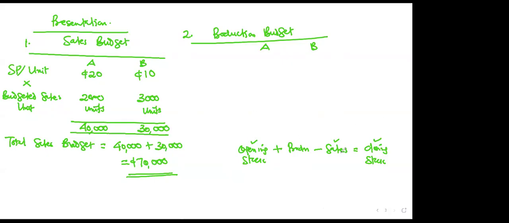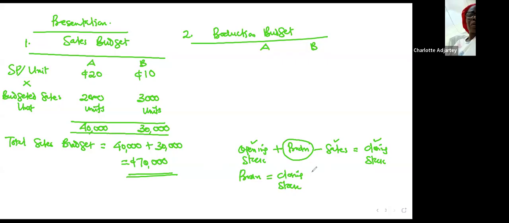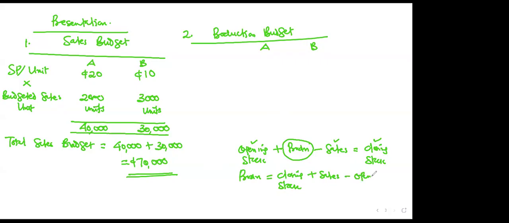So I'm just going to do a change of subject to be able to find production. So how do you do that change of subject? To get production, it will be equal to the closing stock, plus sales, minus the opening stock.